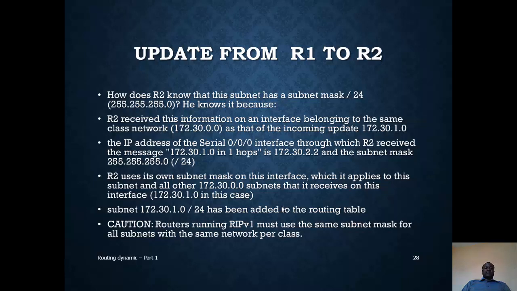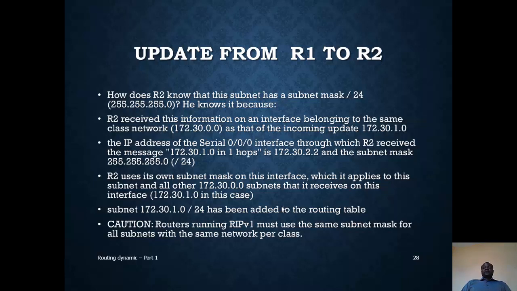The IP address of the serial 0/0 interface through which router 2 received the message was 172.13.2.2, and the subnet mask 255.255.255.0 is used, which is router 2's own subnet mask on its interface, applied to its subnet and all other addresses in the subnet received on its interface. And the subnet 172.13.1.0 has been added to the routing table.